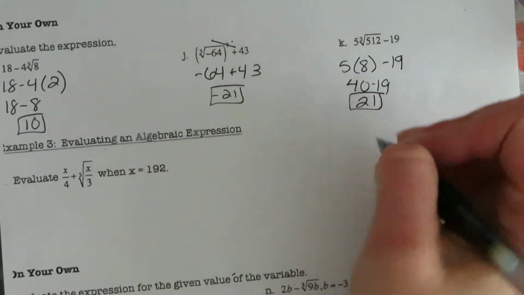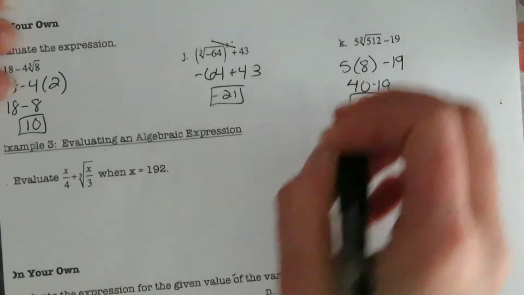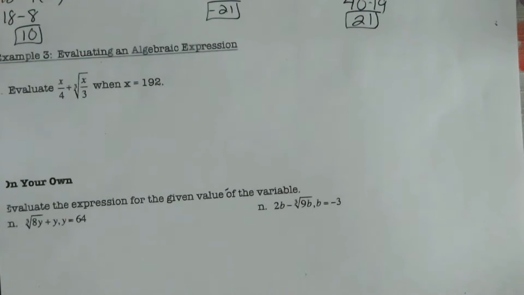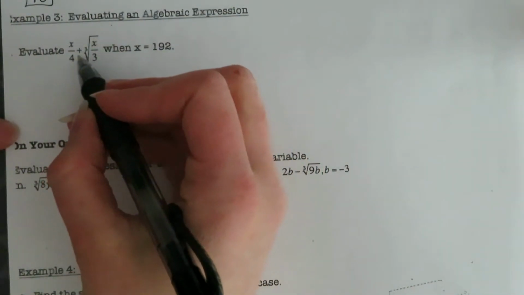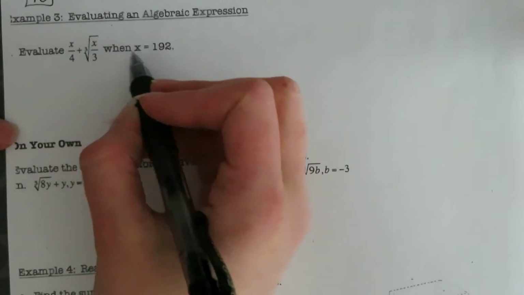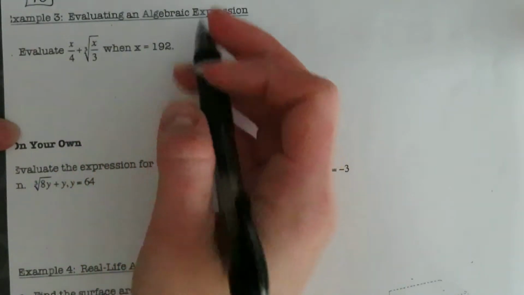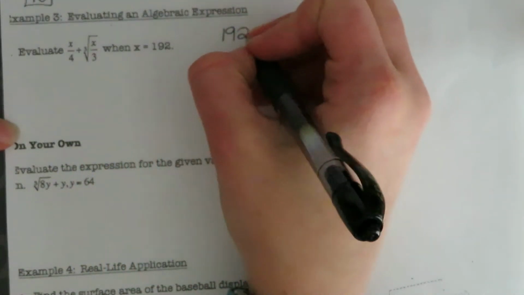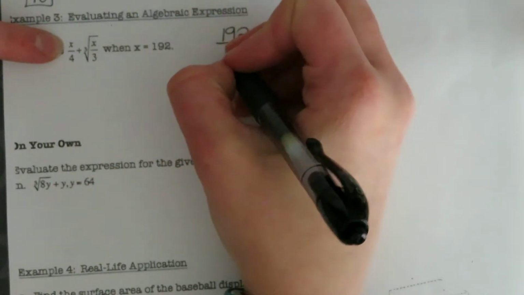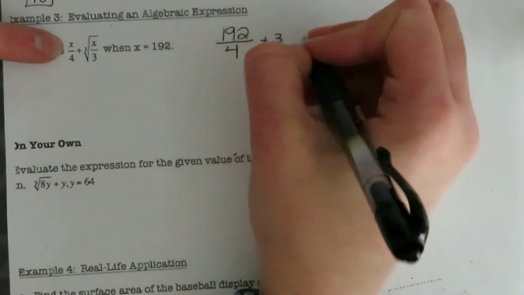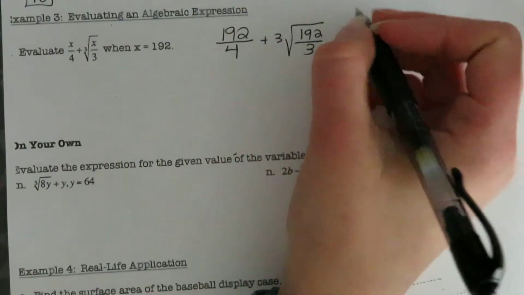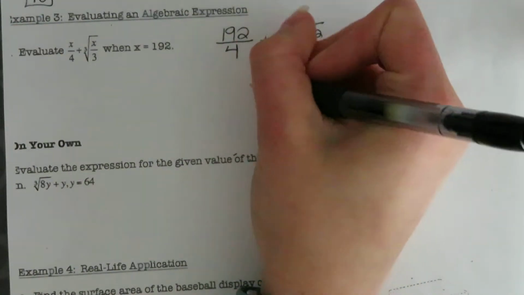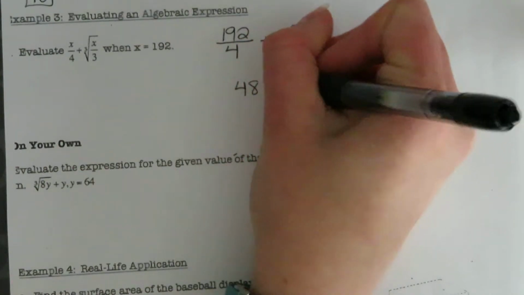All right, example 3, evaluating an algebraic expression. Evaluate x divided by 4 plus the cube root of x divided by 3 when x equals 192. So I'm going to plug 192 in every time I see x. So 192 divided by 4 plus the cube root of 192 divided by 3. 192 divided by 4 is 48.